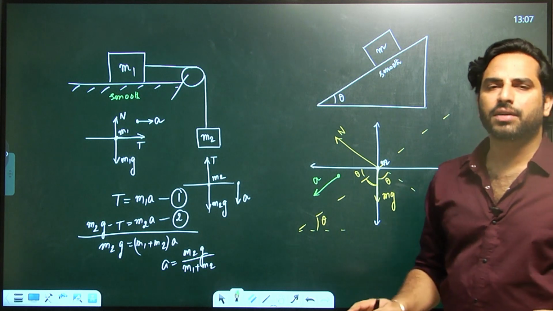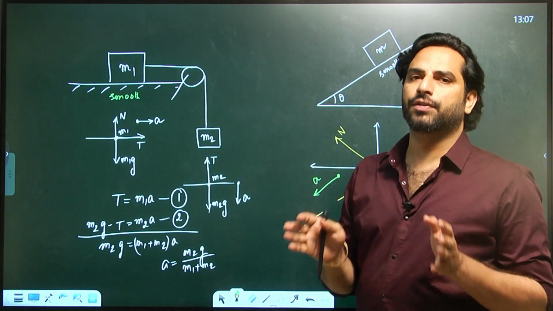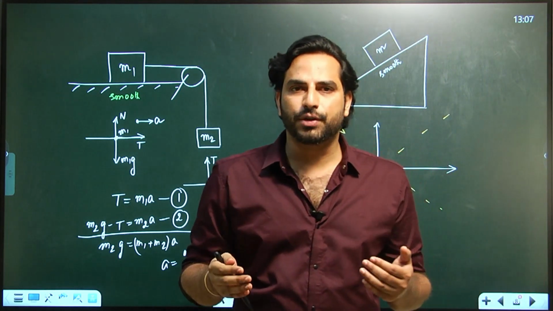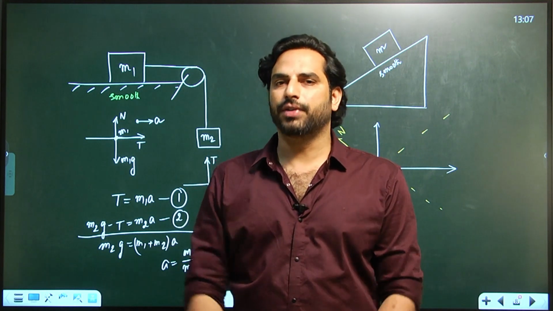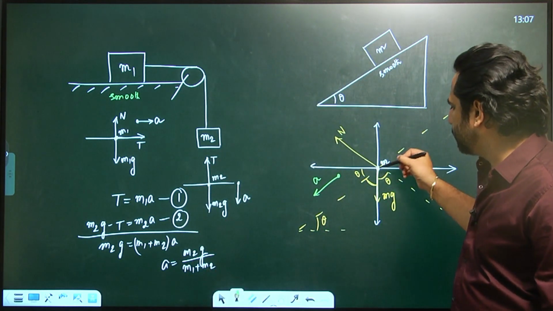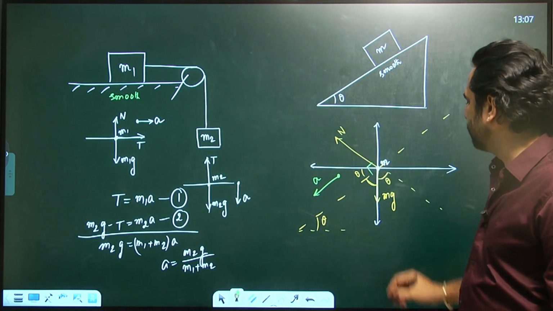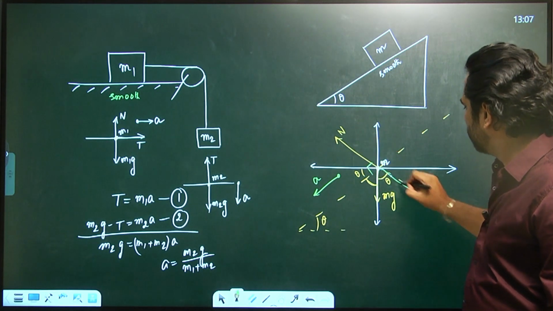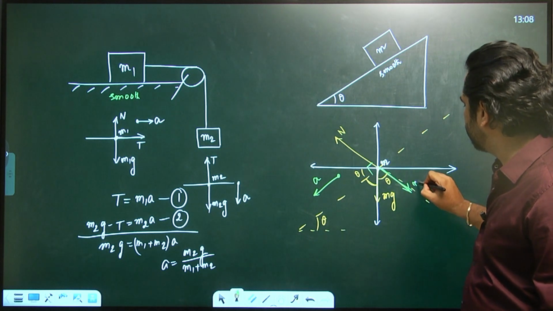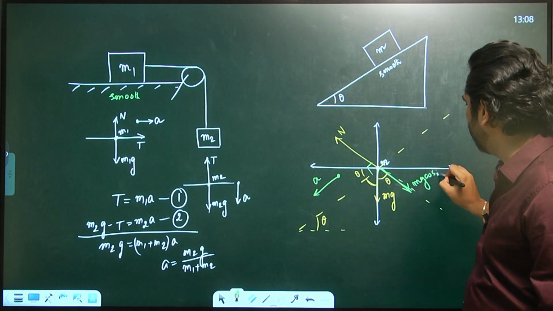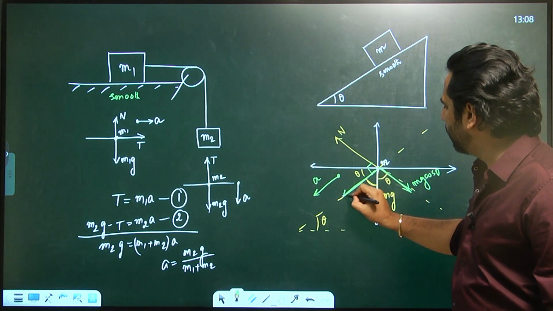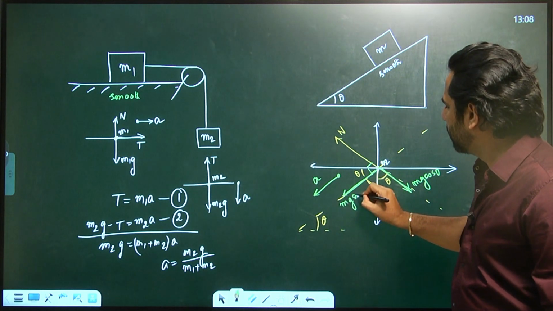The point is very clear. You have to first identify the line of acceleration and resolve all the forces along and perpendicular to the line of acceleration. The line of acceleration is down the plane, normal force is already perpendicular to it, so I should only resolve mg. Perpendicular to the line of acceleration, mg has the component mg cos theta. Along the line of acceleration, it is mg sin theta.